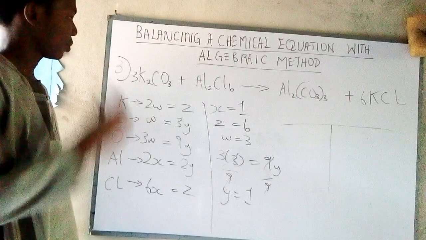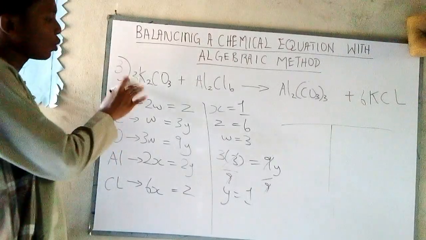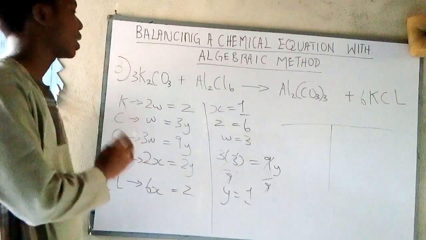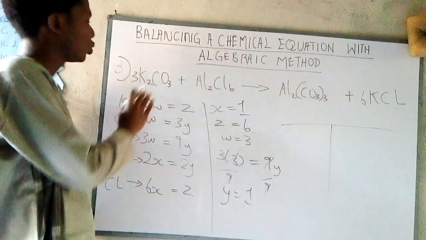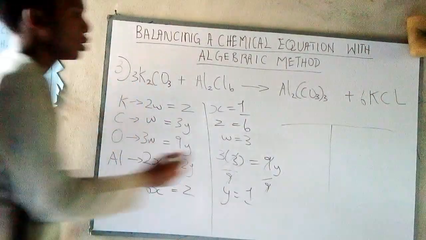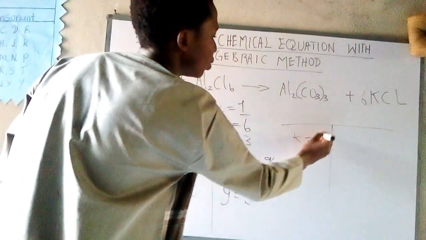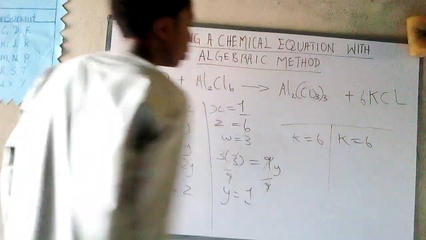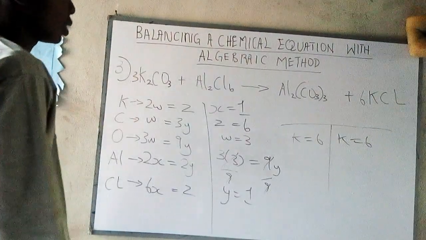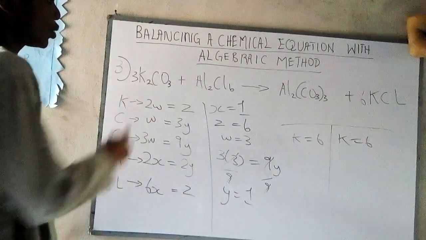Okay, next up we now see potassium is 2 originally. Based on the influence of the coefficient, which is the number of mole, 2 times this is 6. So we now see the potassium is equal to 6. We already have potassium there to be equal to 6. Now next element, you have carbon.